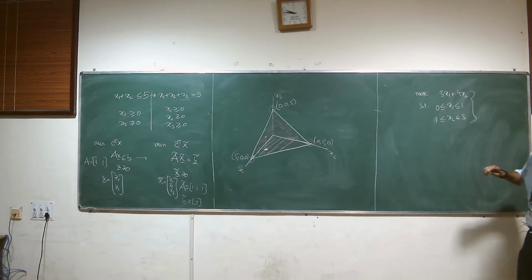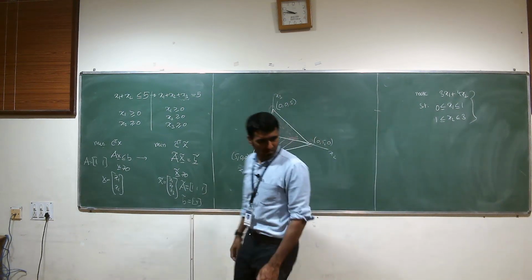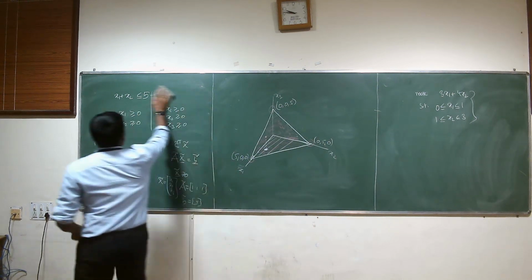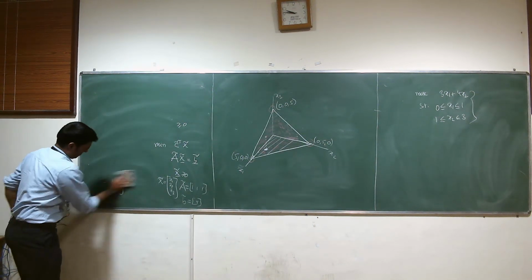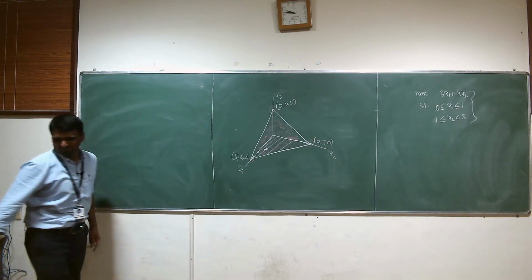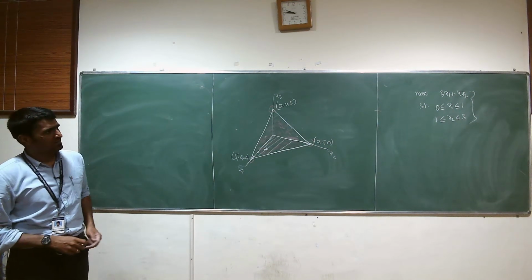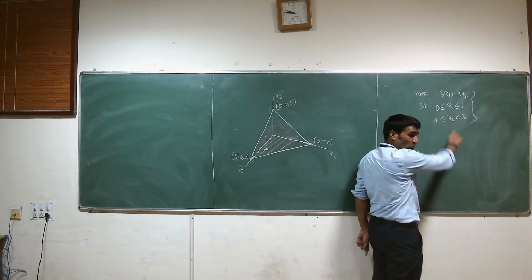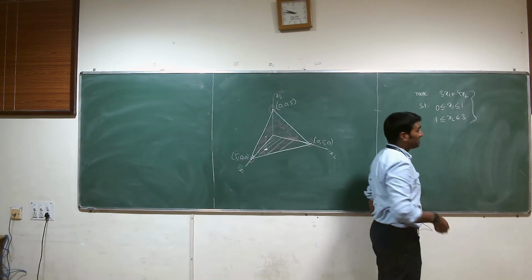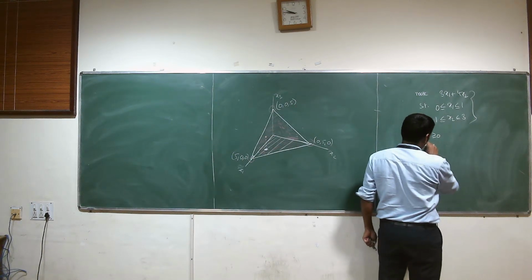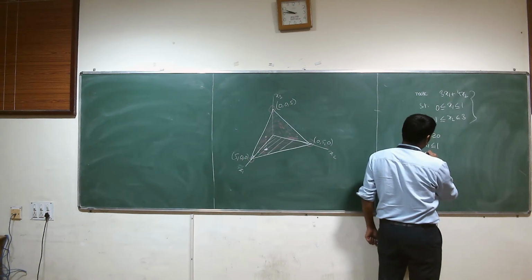This is not in the standard form. What do we do? How many inequality constraints do we have? We have 4. Okay. This is one. Another one.